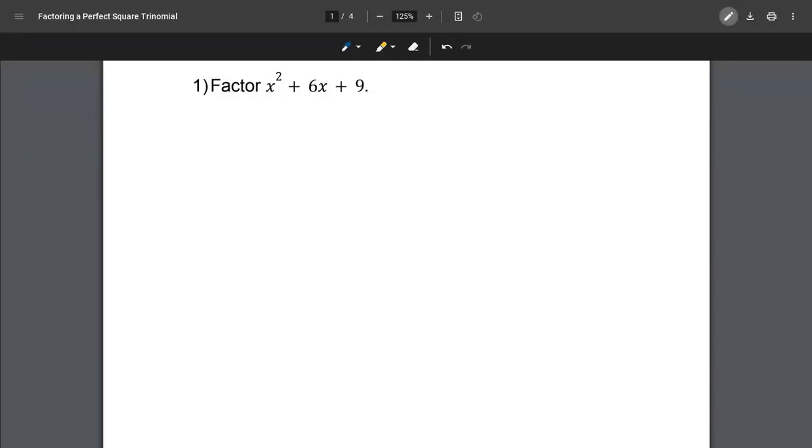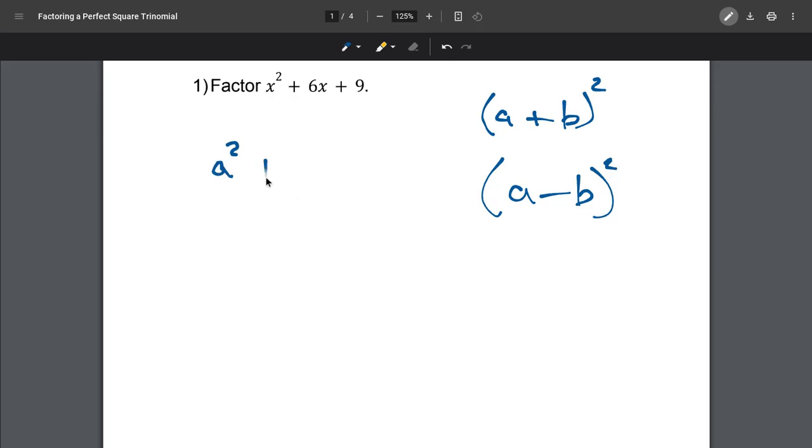In this video, we're going to factor perfect square trinomials. So these factor into the forms of a plus b squared and a minus b squared. And they take the form of a squared plus 2ab plus b squared.